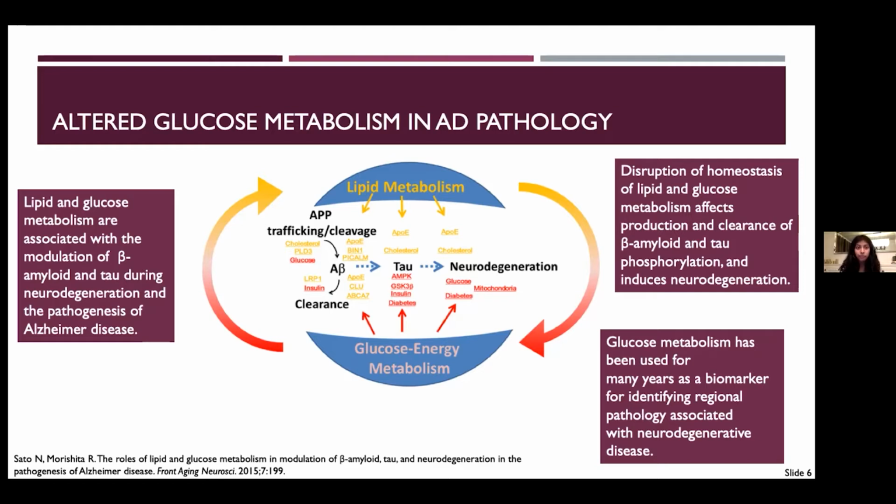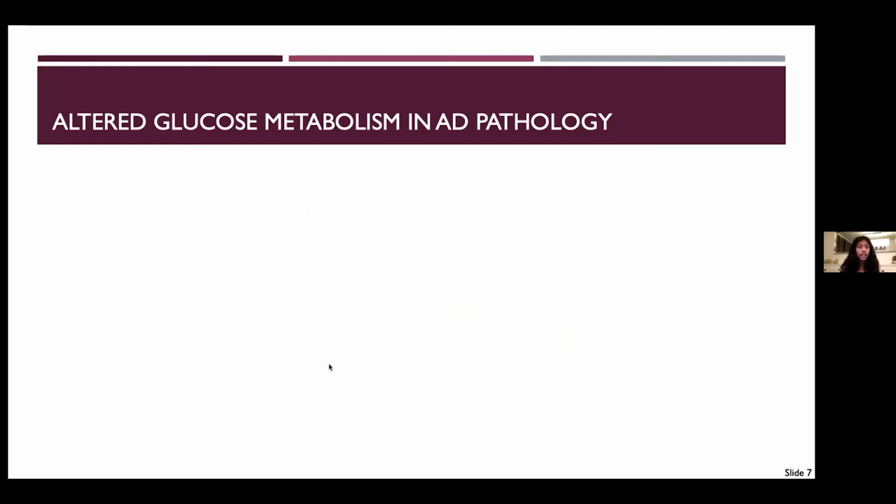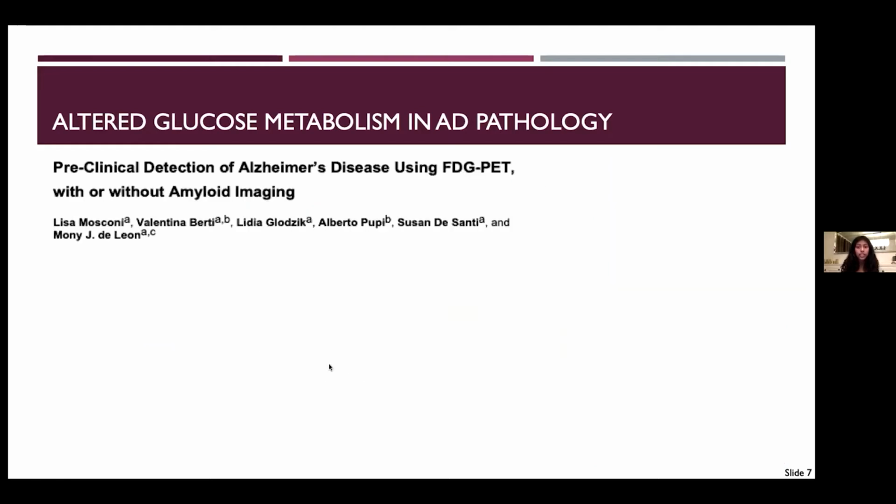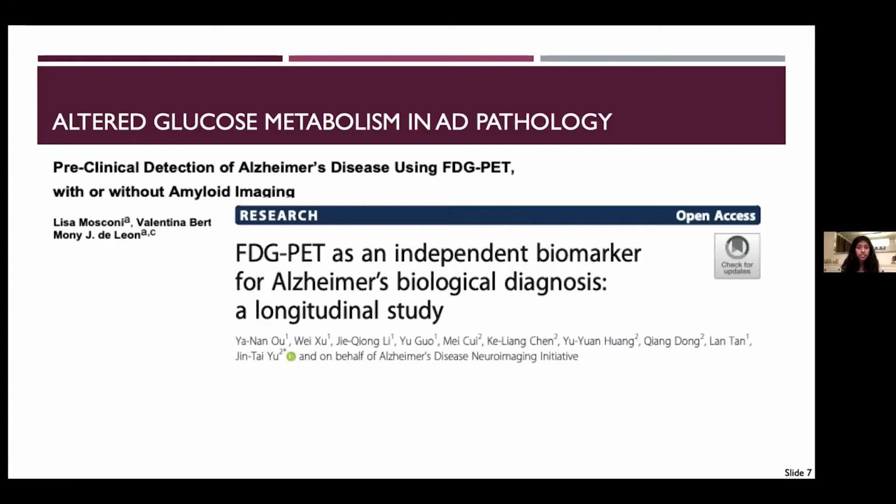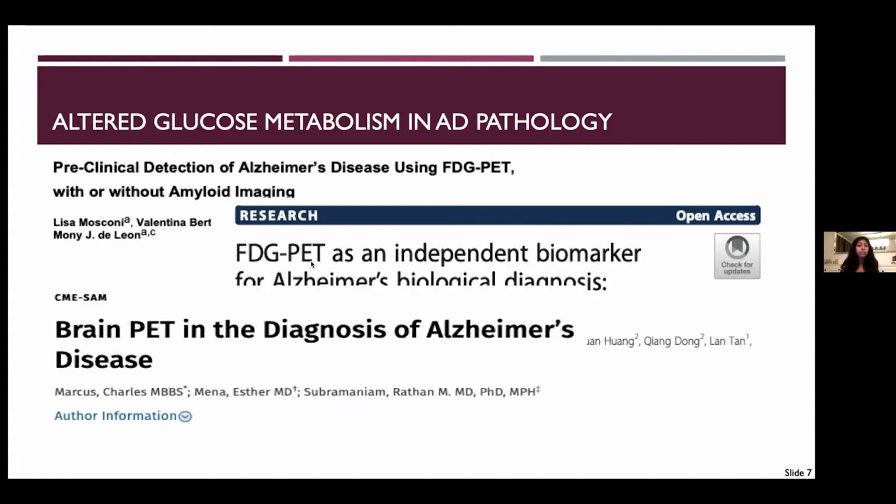So that's why there have been different methods in the picture for quite some time now. Glucose metabolism has been used for many years as a biomarker for identifying regional pathology. And also there have been a lot of publications about using FDG PET as a gold standard to identify biomarkers.